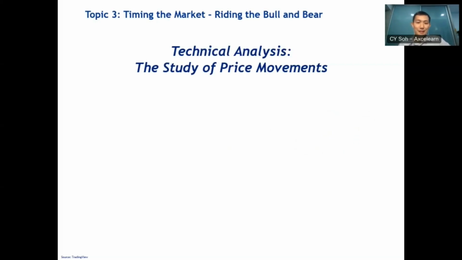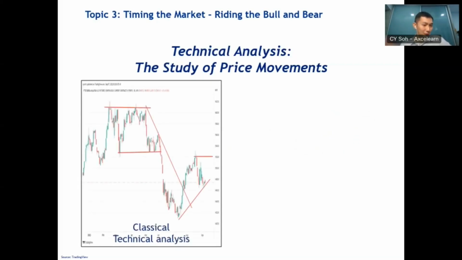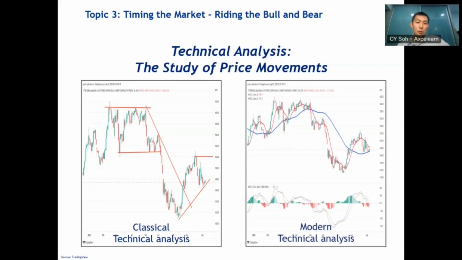The classical school, which is the very old school, means you need to draw trend lines, support and resistance lines, and even chart patterns and candlestick analysis. Or you can use the modern school of technical analysis, which focuses primarily on technical indicators. Or you can combine both when you trade the futures market.